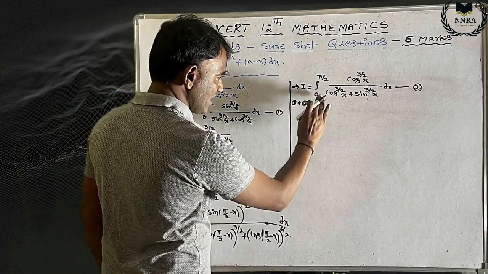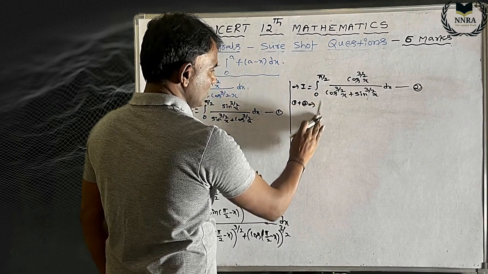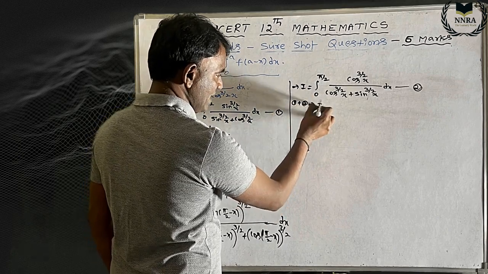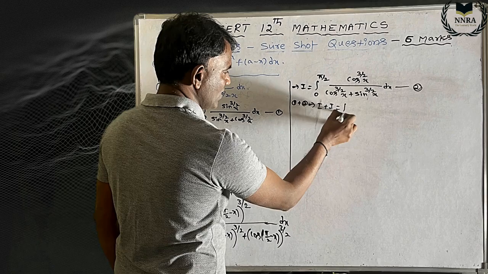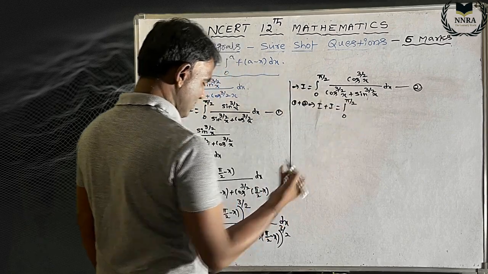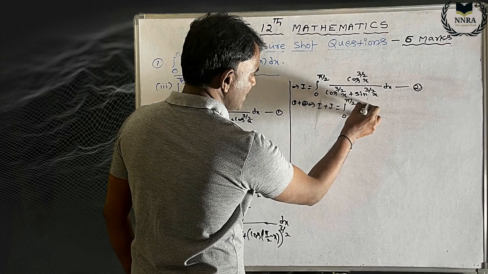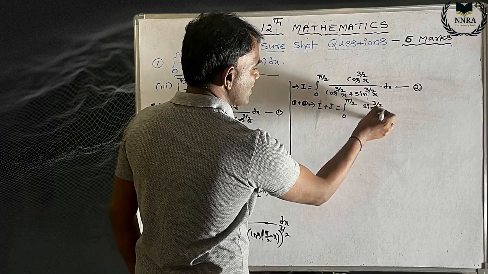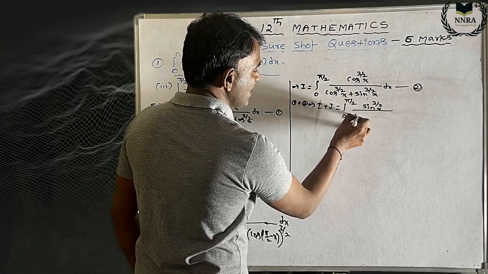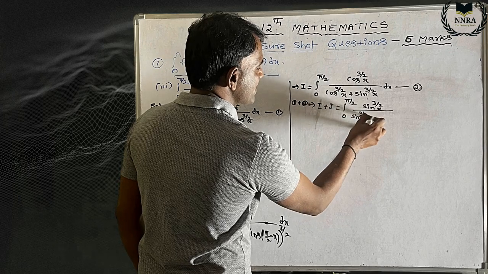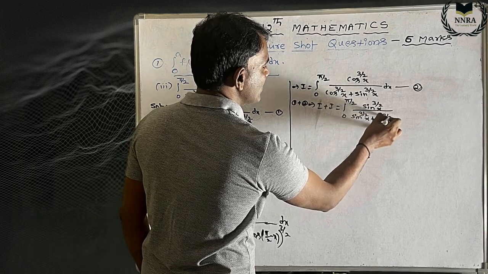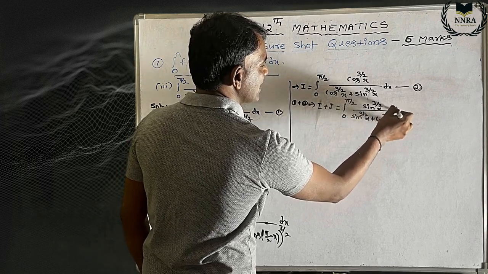So what about the left hand side value here? I plus I, then integral 0 to pi by 2. What is the first function? This is the first value, sin power 3 by 2 x divided by sin power 3 by 2 x plus cos power 3 by 2 x dx.